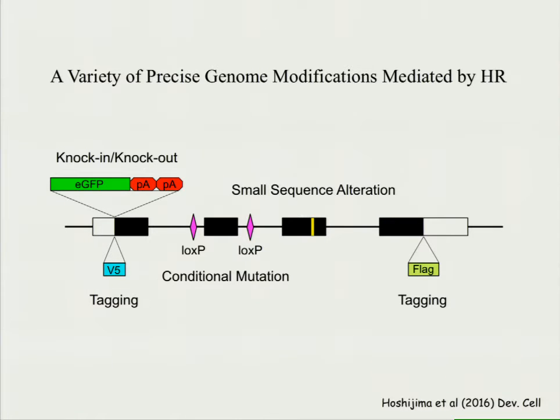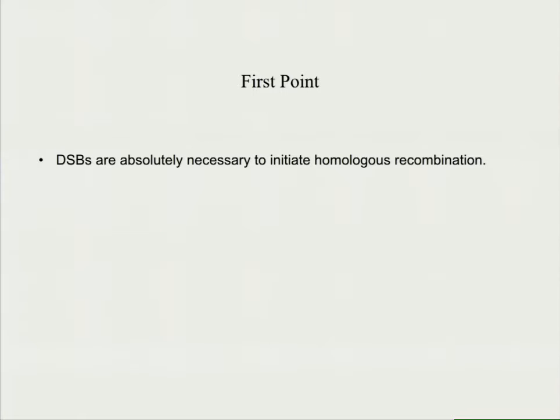First of all, the double-strand break is absolutely necessary to initiate homologous recombination. In other words, it is critical to induce double-strand breaks with high frequency for successful recombination.